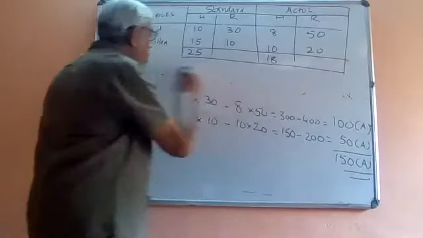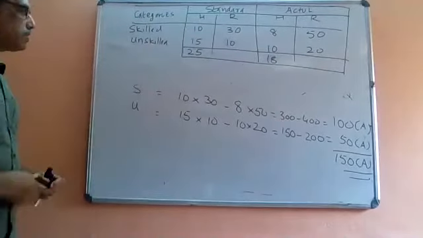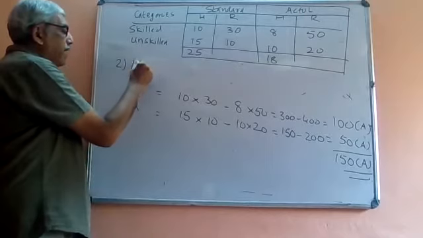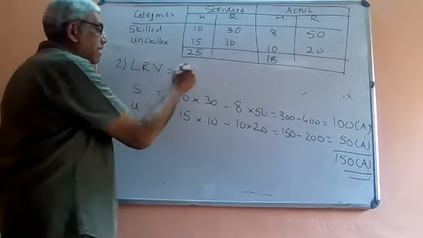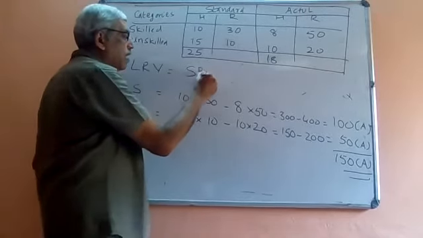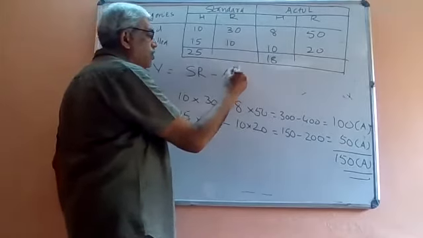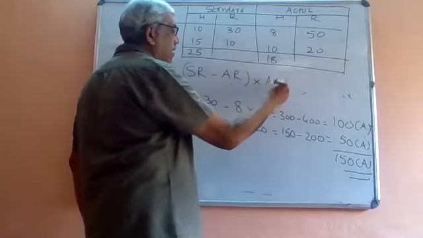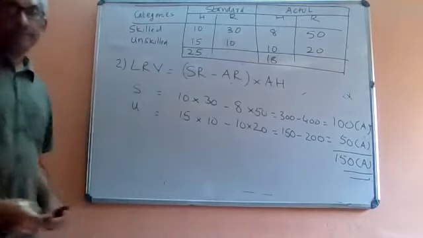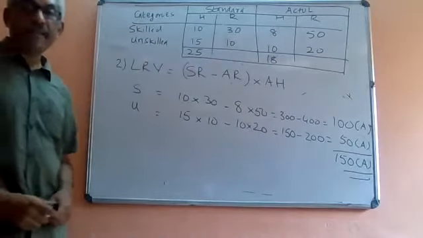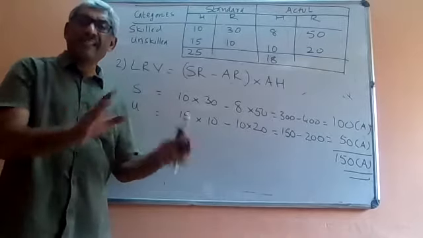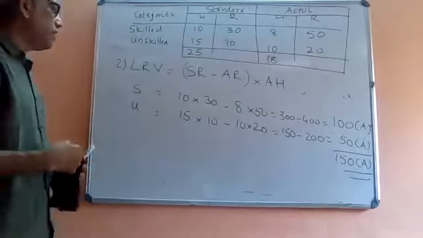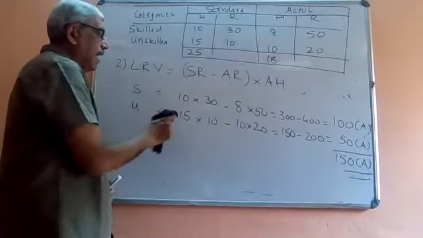And the formula for labor rate variance is standard rate minus actual rate into actual hour, exactly like material variance. Now let us calculate for skilled and unskilled.